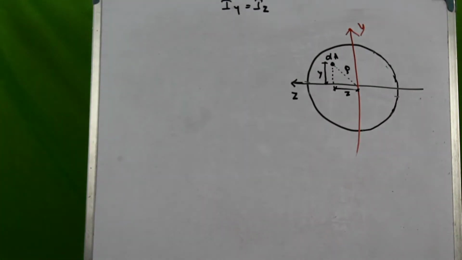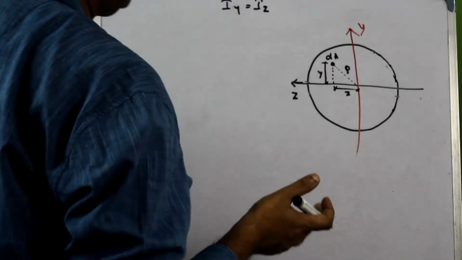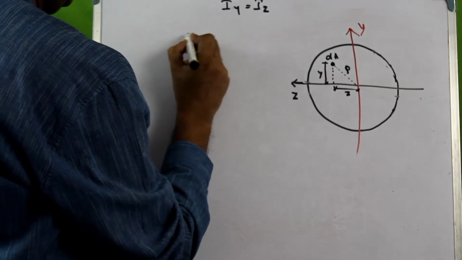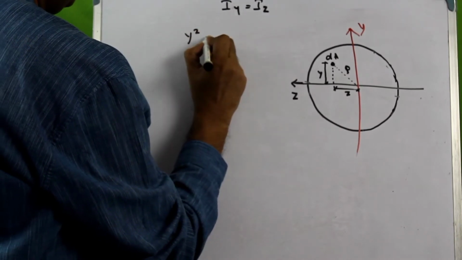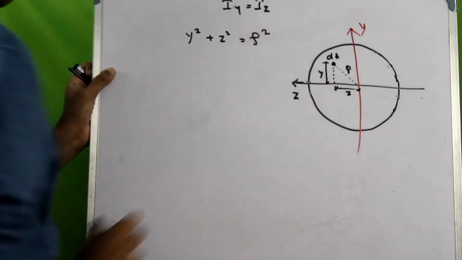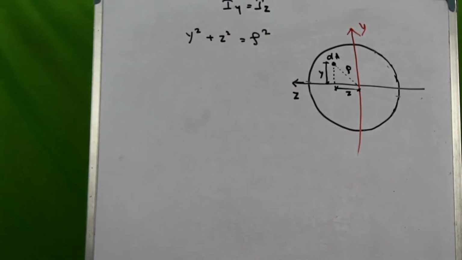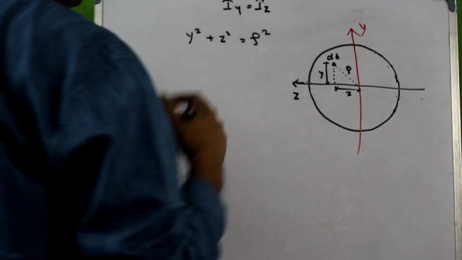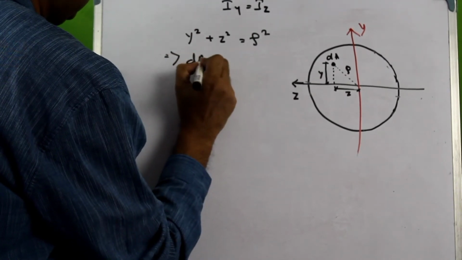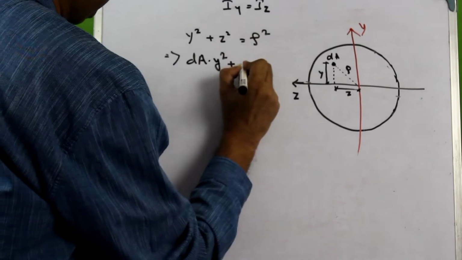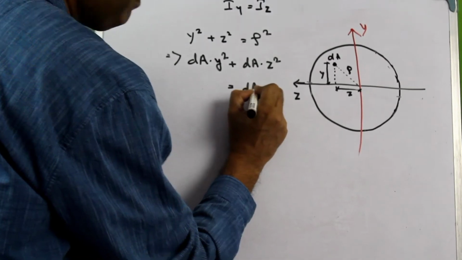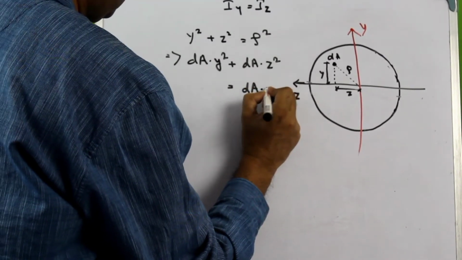Now, by the rules of the right angle triangle, we know that y square plus z square would be equal to rho square. So multiplying that with the elemental area dA on both sides of the equation, we would have dA into y square plus dA into z square equal to dA into rho square.